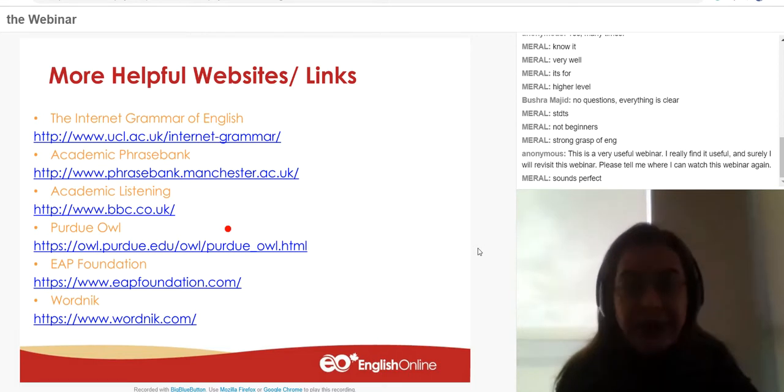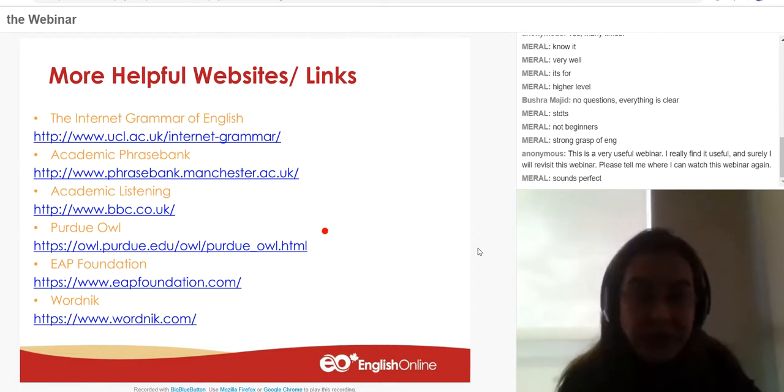And here is the Purdue OWL. This is a very valuable website, even for teachers. I always resort to that if I want to research a certain point. And EAP Foundation.